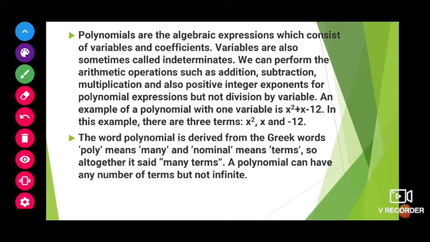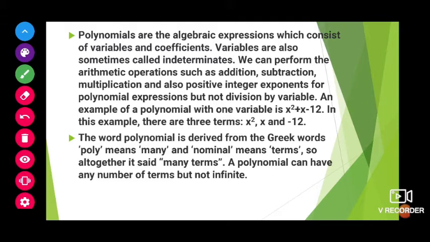Now, coming to algebraic expressions: if an algebraic expression has a single term, we call it a monomial. If two terms, we call it a binomial. If three terms, then we call it a trinomial.